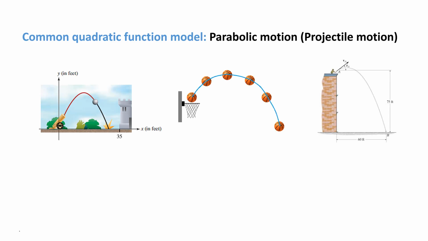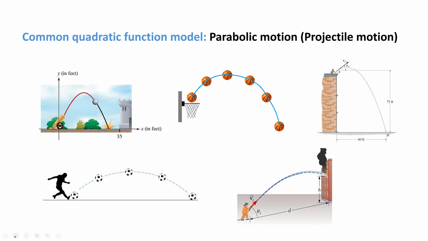Here on the screen, you can see 5 different examples of projectiles. The projectile is the object that you throw. And if you can tell, all of them follow parabolic trajectories. Now, since the trajectory of all of the objects that you throw in the air are parabolas, that means that you can represent them with quadratic functions.